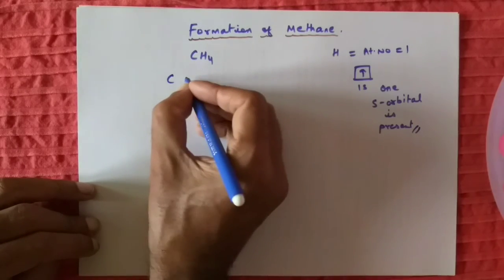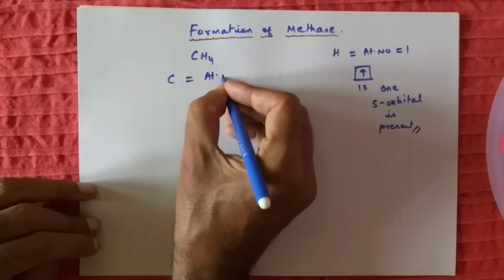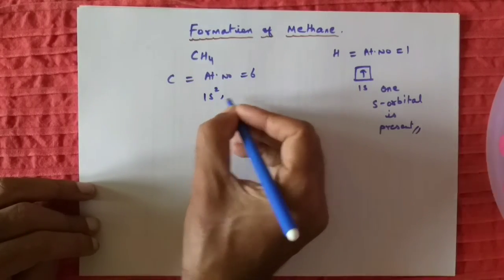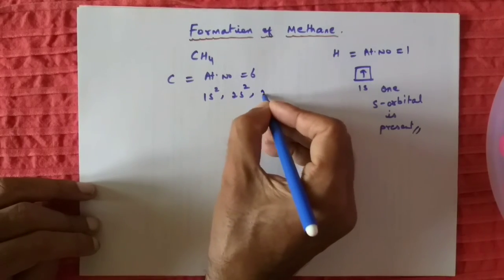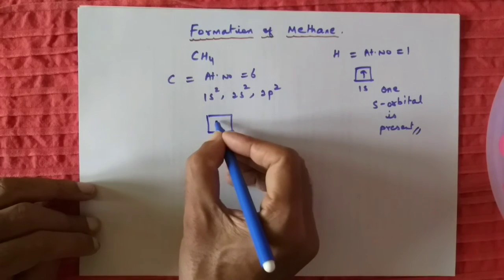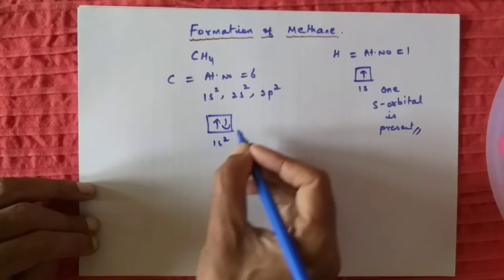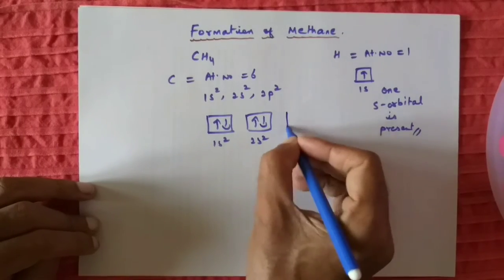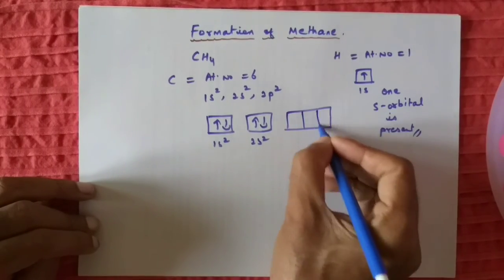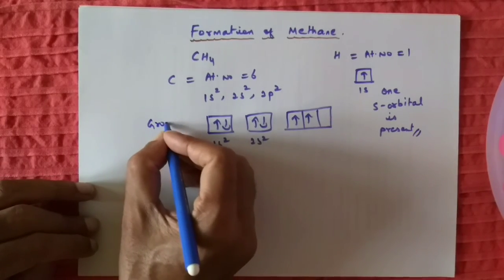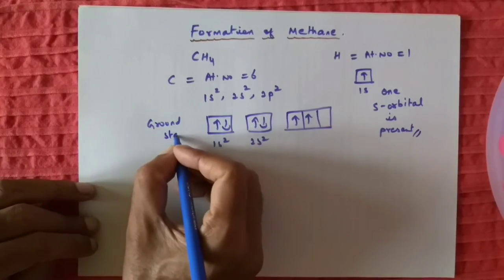But in case of carbon, the atomic number is 6, so the electronic configuration will be 1s2, 2s2 and 2p2. This is the ground state configuration.